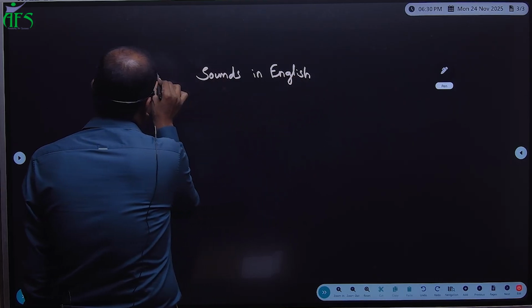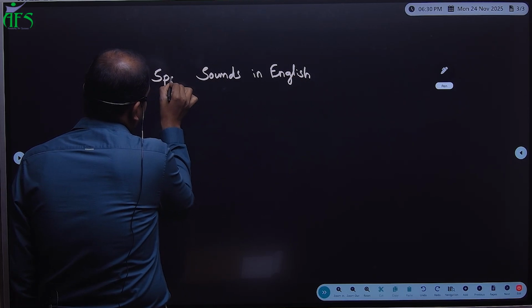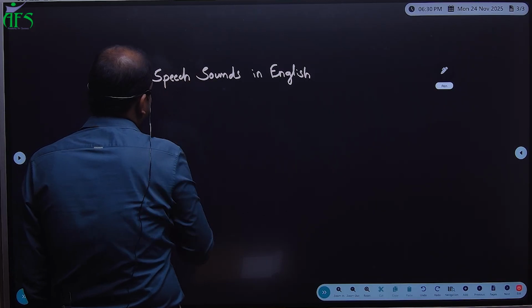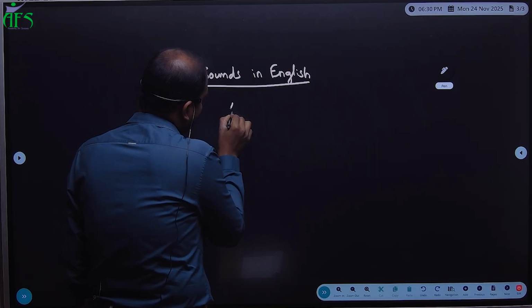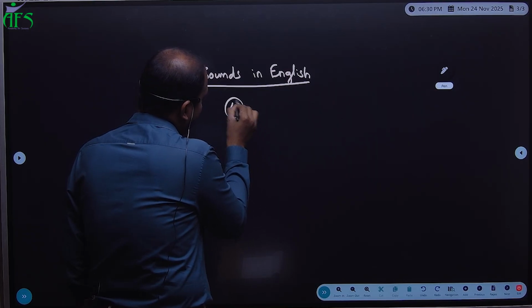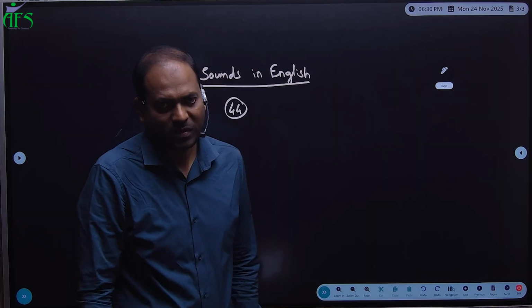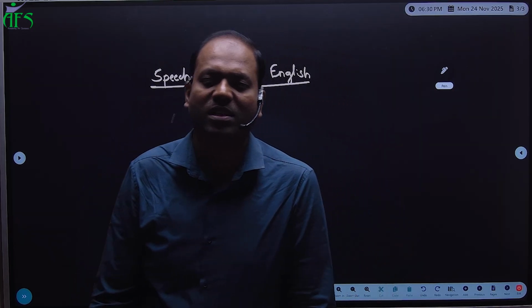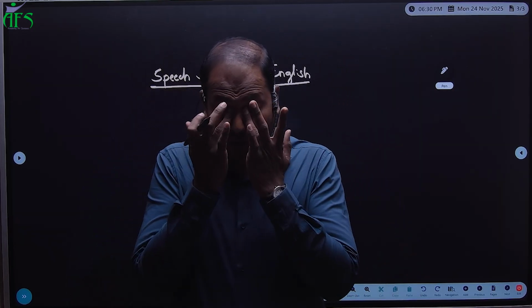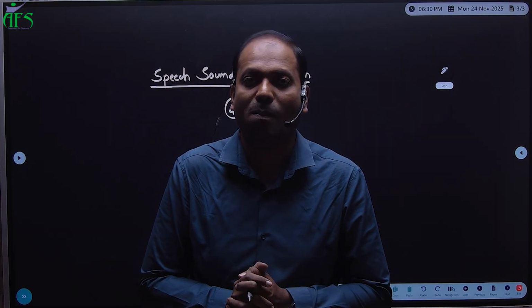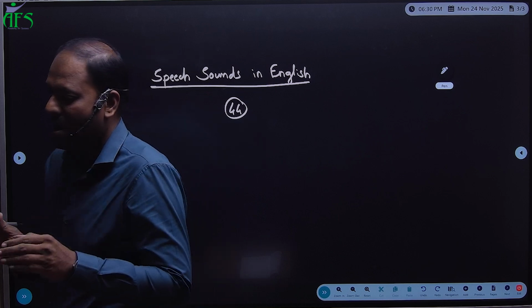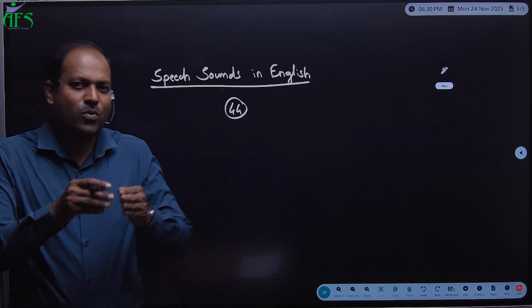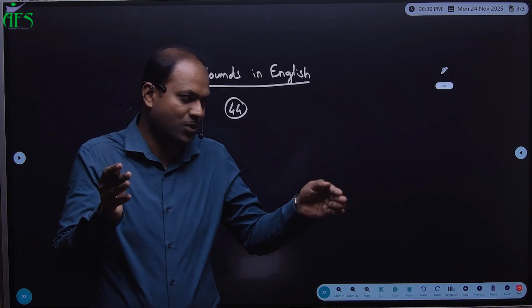The total number of speech sounds in the English language is 44, right? So the 44 sounds are divided into two major groups.